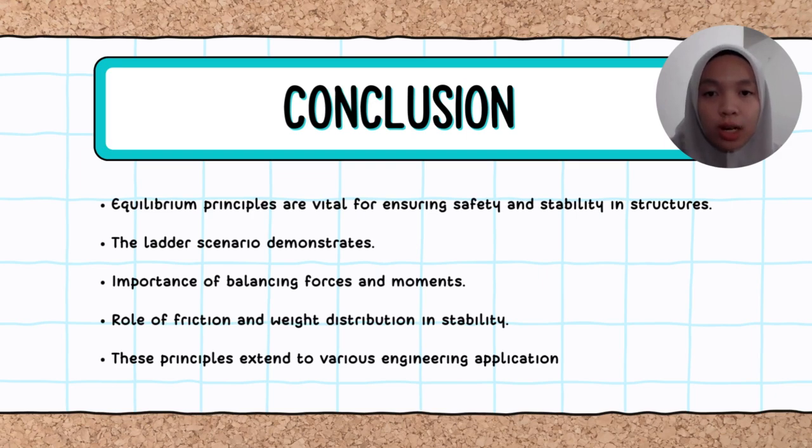The issue can likewise be broadened to include more intricate scenarios like a ladder leaning against a curved wall, a hinged ladder, and a ladder equipped with a spring. The issue of a ladder leaning against a wall serves as a valuable illustration of how physics aids in comprehending and addressing practical problems.